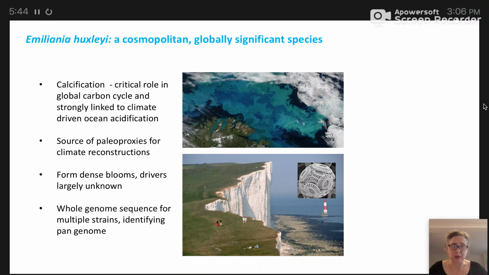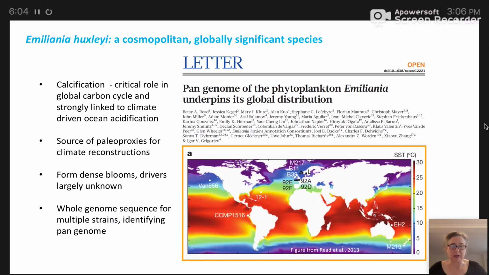It's also a source of paleoproxies for climate reconstructions, is known to form dense blooms, the drivers of which are largely unknown, and there are whole genome sequences from multiple strains of E. huxleyi which identified a pangenome. This not only gives us a great sequence resource to work with to do our analyses, but this idea of a pangenome is important, and I will come back to that at the end of the talk.